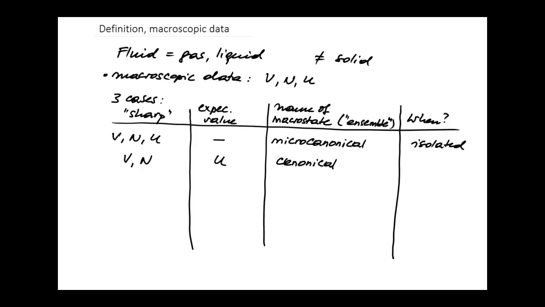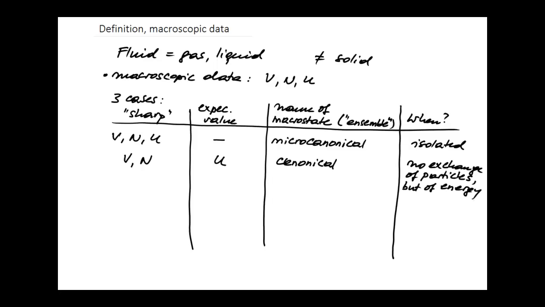It's the Boltzmann-Gibbs state, where the Hamiltonian features in the exponent of your density matrix, because the energy is the only observable that is given in the form of an expectation value, and volume, particle number are fixed. When is this the appropriate choice? This is the appropriate choice when you have no exchange of particles, so the particle number is fixed, but you can exchange energy, say in the form of heat, with the outside world.